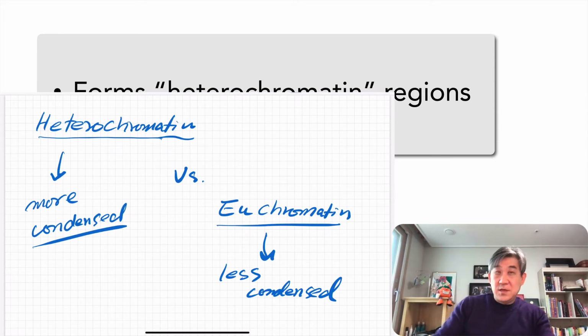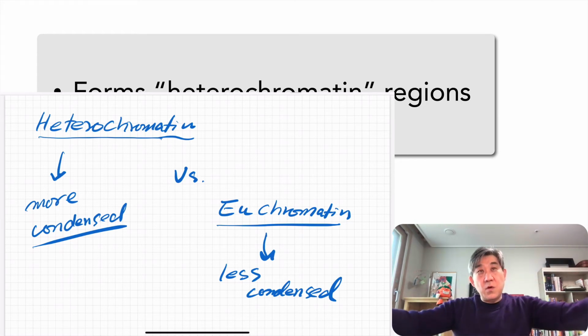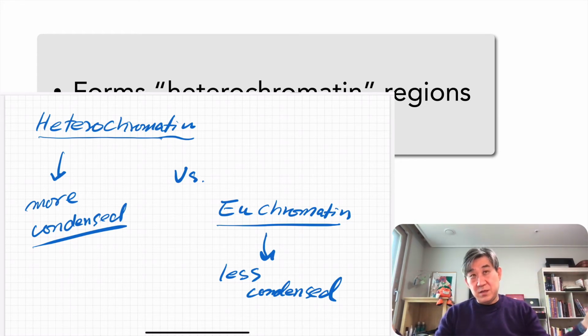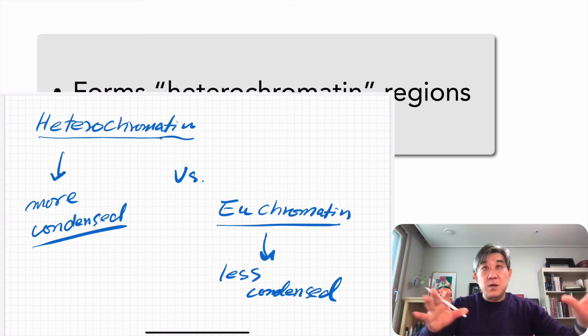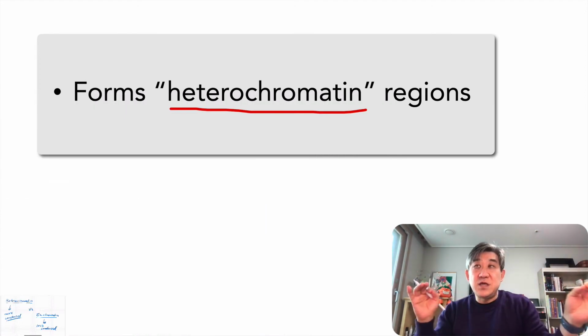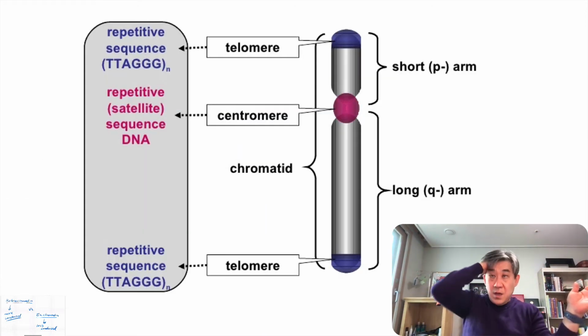So there is a degree of difference in condensation within chromatin. Just because you are organized as chromatin doesn't mean that the degree of condensation is equal. No, don't expect that.